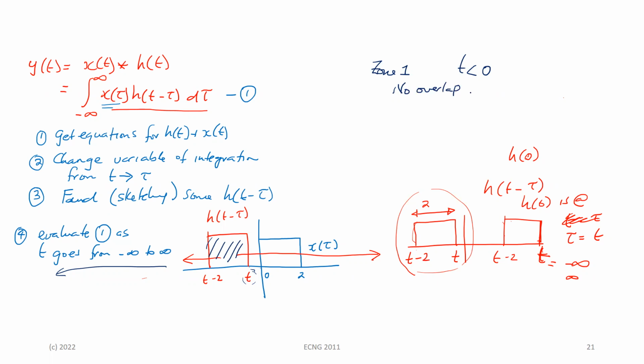Therefore the convolution, or the integral of x of tau h of t minus tau, is 0 for t less than 0. Fair enough?